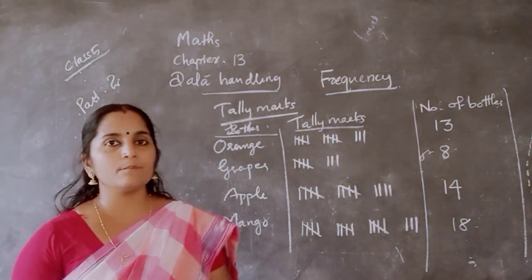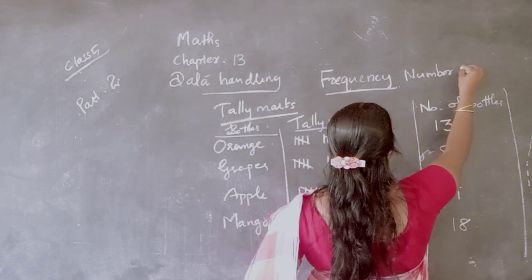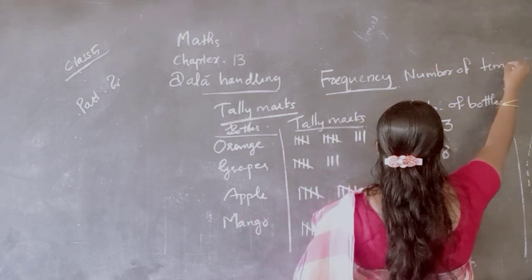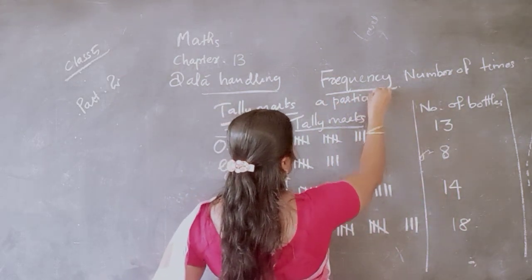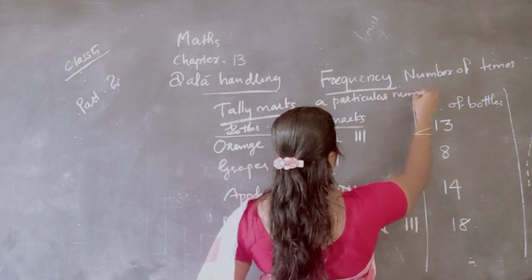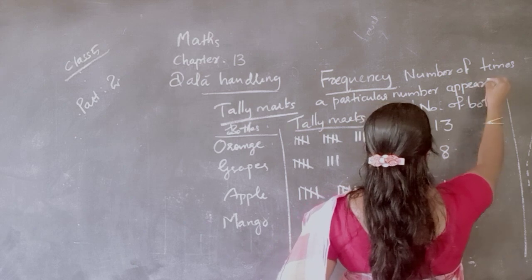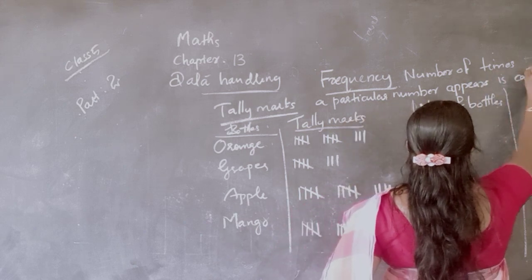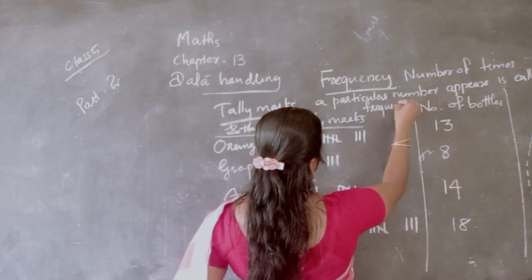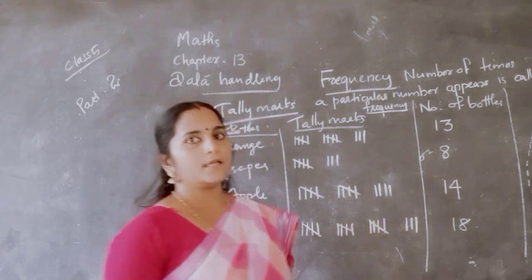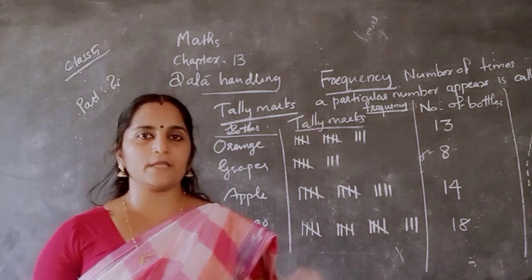Okay, the number of times a particular number appears is called its frequency.